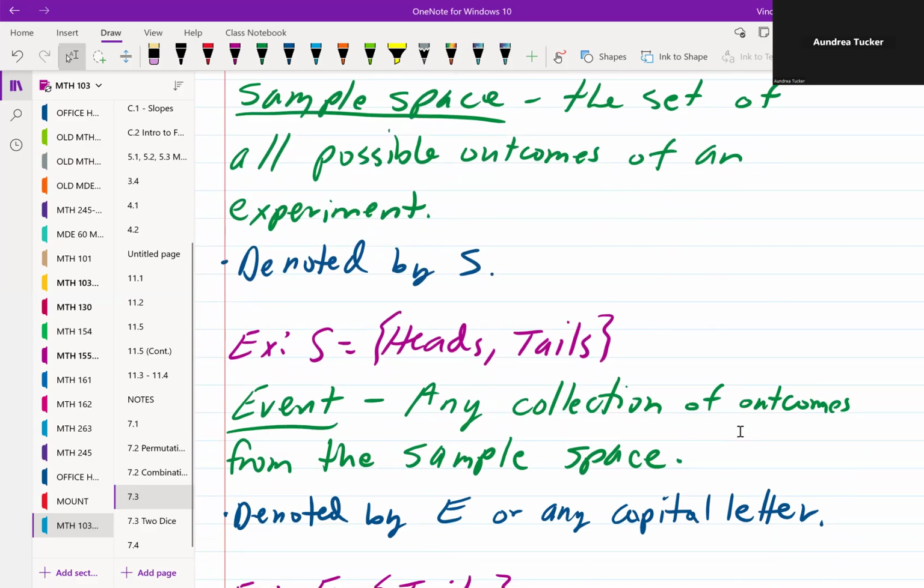All right, an event is any collection of outcomes from the sample space. We normally use any capital letter for your event, other than S, of course, because S we use for sample space.